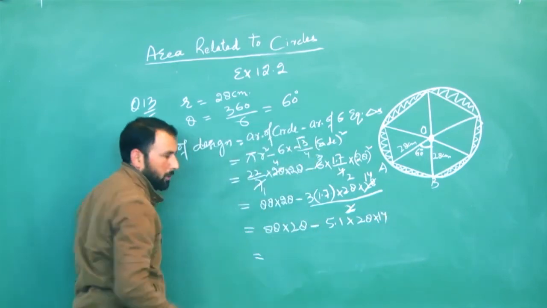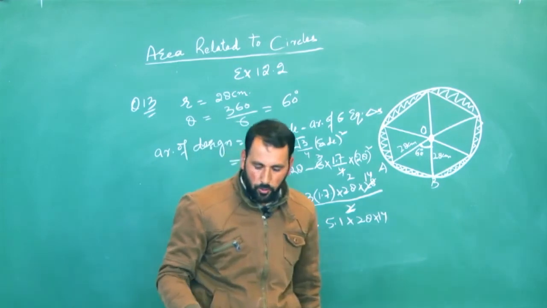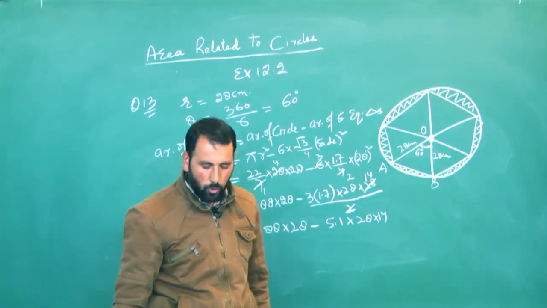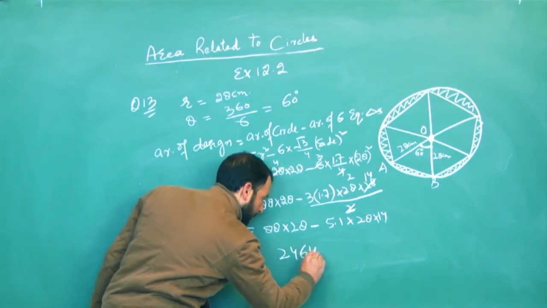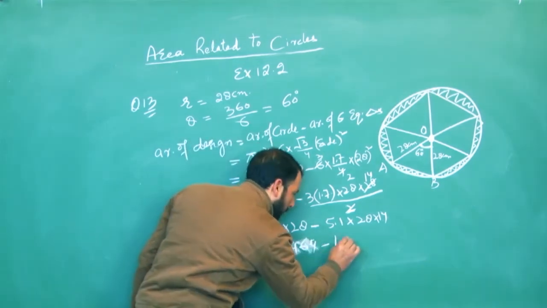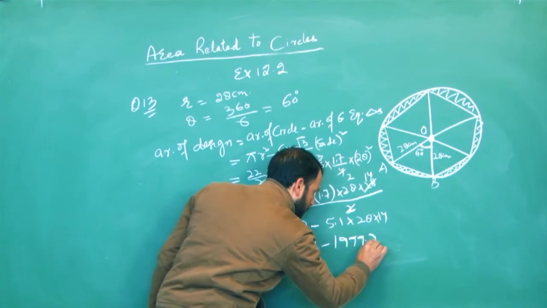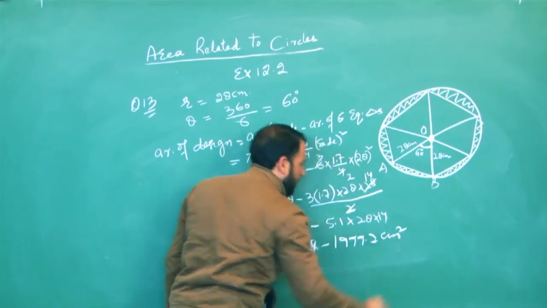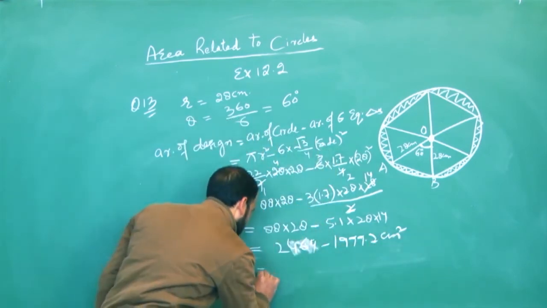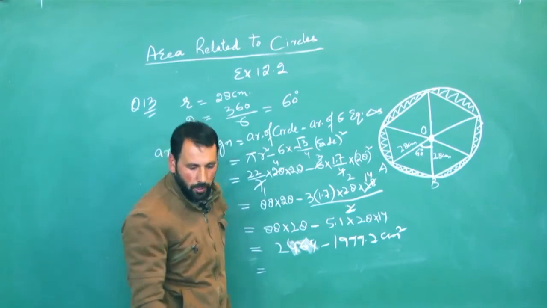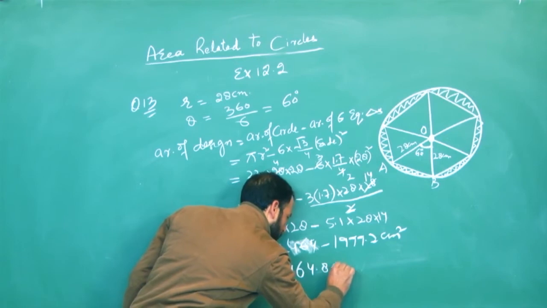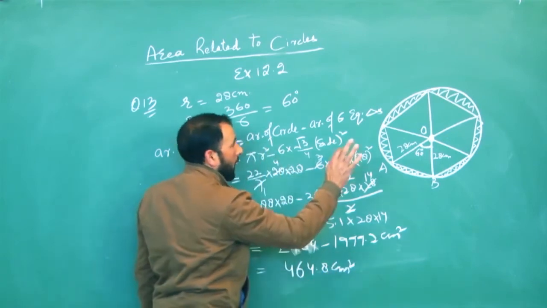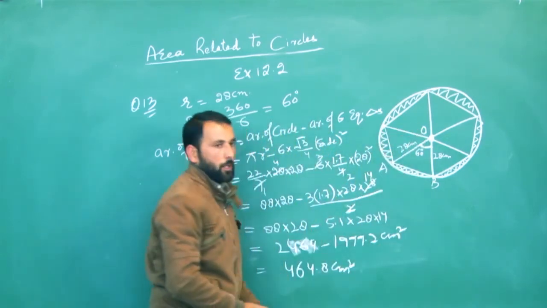After calculating the values here, 88 into 28, we get the value 2464, minus 1999.2 square centimeter. When you subtract the two, you get the result 464.8 square centimeter, which is the area of a design.